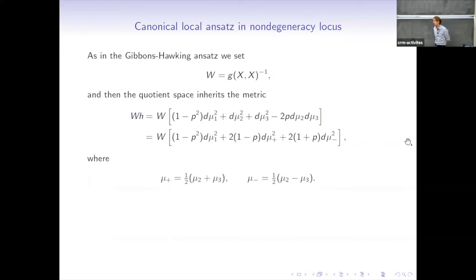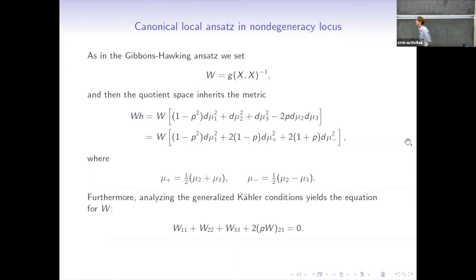So you do get an explicit description, but so far all we used was the generalized Kähler condition and the symmetry, and the function p so far is arbitrary. Furthermore, by analyzing just the generalized Kähler condition, in the usual Gibbons-Hawking concept the function W has to be harmonic, so the quotient metric is just Euclidean.